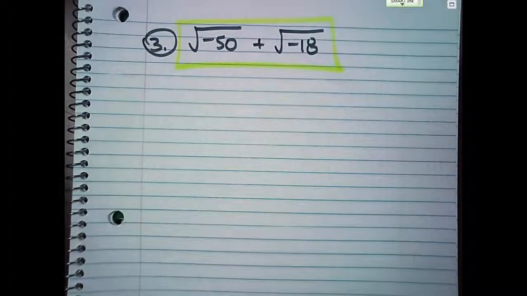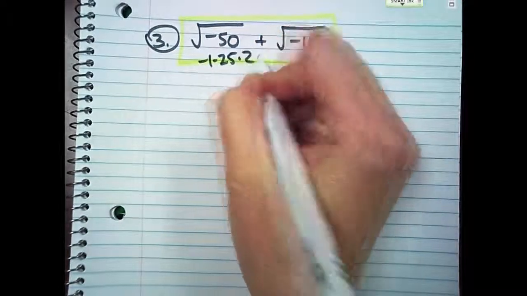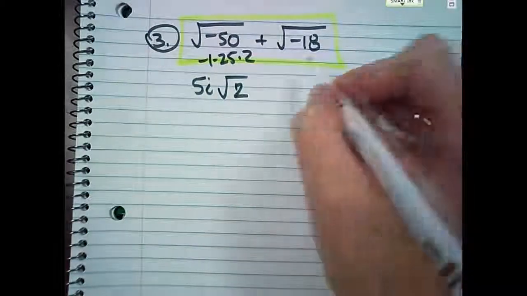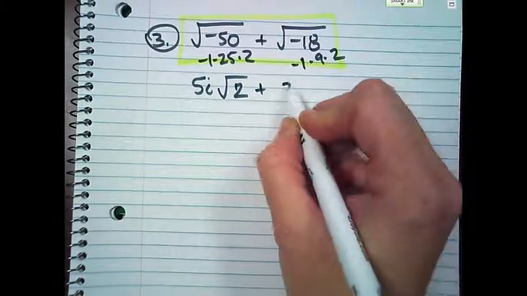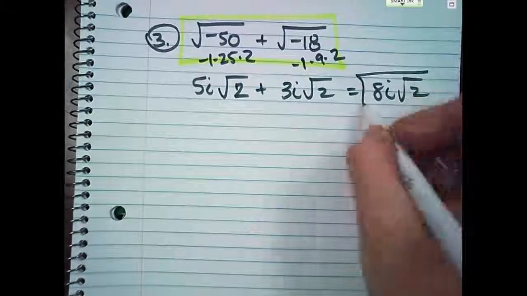Did you get 10i root 2? No, it's not. I was just kidding. Okay, let's try. You're going to have a -1, a 25, and a 2. You're going to pull out a 5i root 2. -1, 9, and 2. So we're going to take out a 3i root 2. So together we get an 8i root 2.